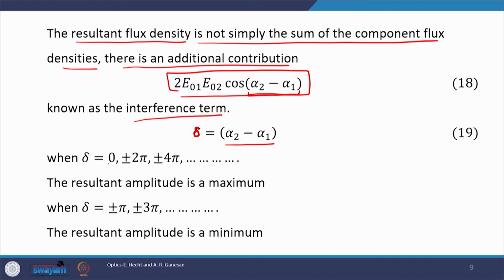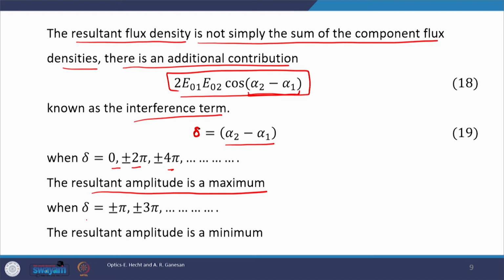Now, whenever del is equal to 0, plus minus 2 pi, plus minus 4 pi, the cosine function would be equal to 1, and this is the maximum value the interference term can achieve, and due to this maximum value the resultant amplitude will be maximum, and this we call a constructive interference.